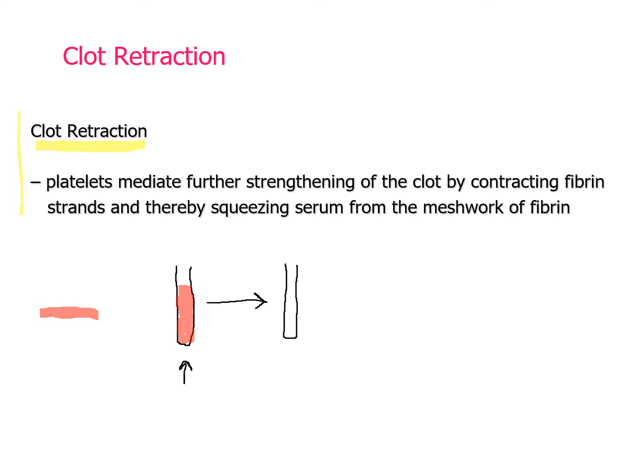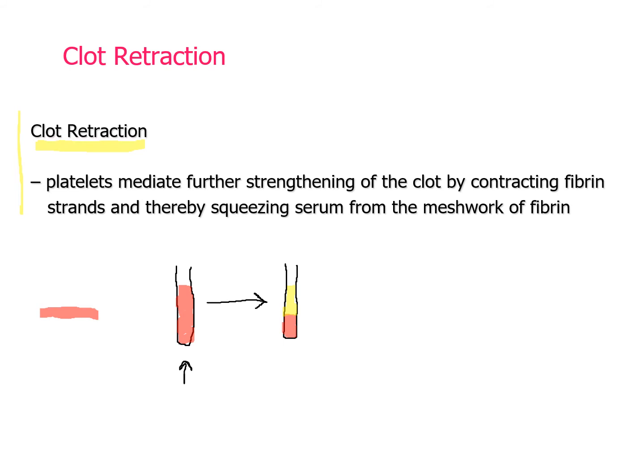If, however, you left it in the tube, then what you find when you come back after half an hour or an hour is that you now have the red blood cells at the bottom, and above that you have serum. And notice I say serum because serum is plasma that has been depleted of clotting proteins, right?